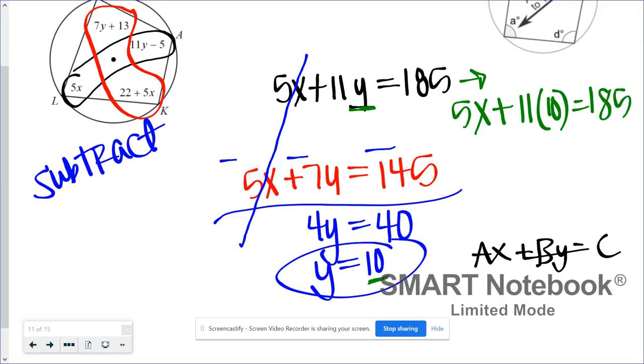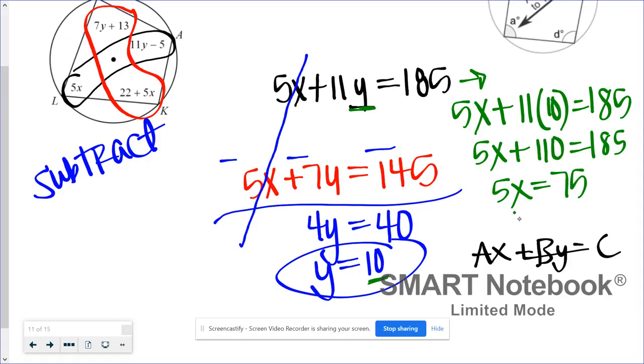Then I just solve this for x, because that's what I need to know, and the algebra will tell me exactly what x is. So I end up with, let's see, minus 110 would be 75. No, minus 110 would be 65. Sorry about that. So that means x is equal to 13.